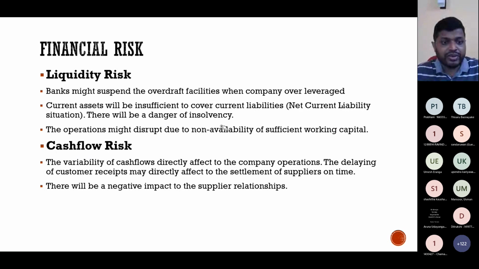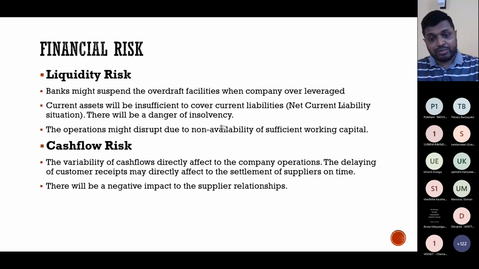Cash flow risk. The variability of cash flows directly affects the company operation. Sometimes you might have supplied power to the CEB, and they have given a 1 month credit period, but they have not paid over the last 6 months. Then you have to see the trade debtors and all. You will not receive the cash on time and you may not be able to pay your suppliers on time.